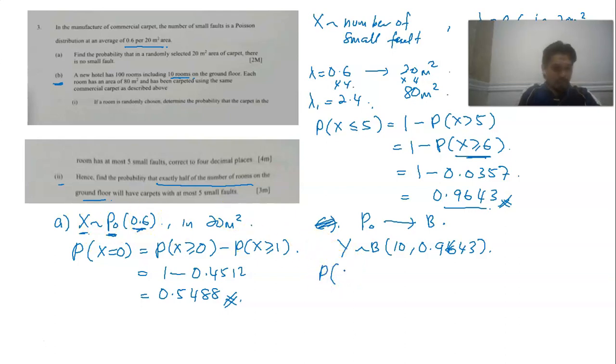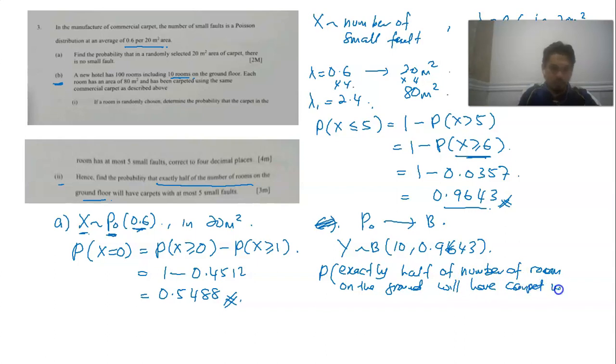Okay, so the property, let's say if I write this in long sentences: exactly half of the rooms on the ground will have carpet with at most 5 small folds.